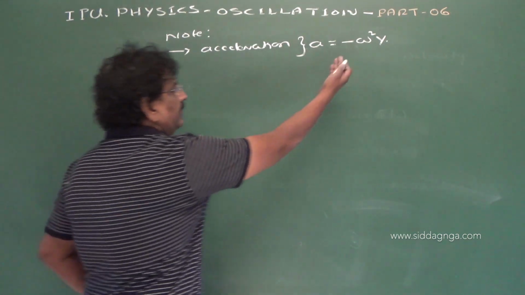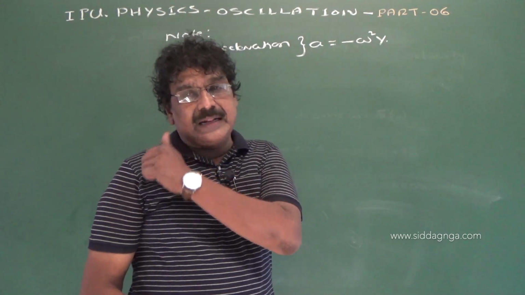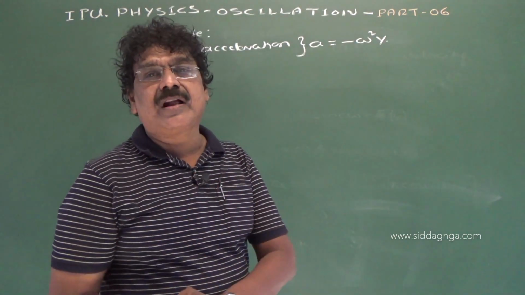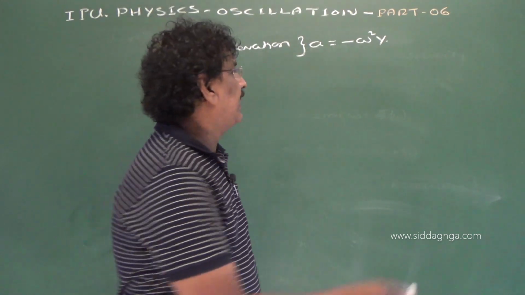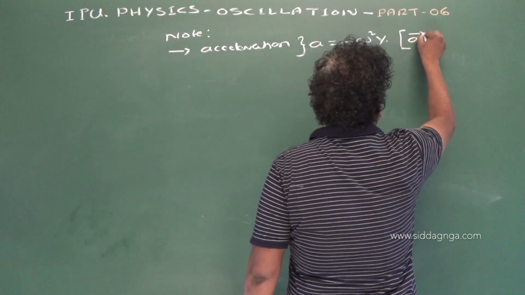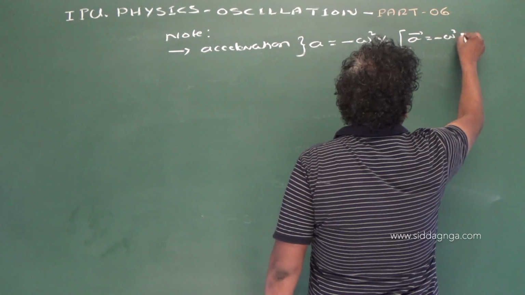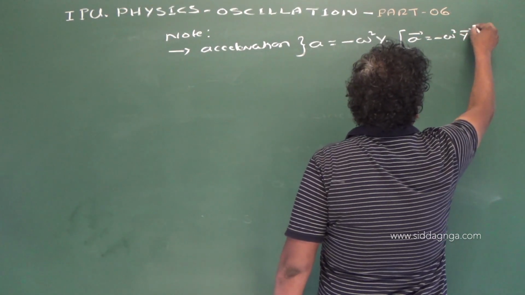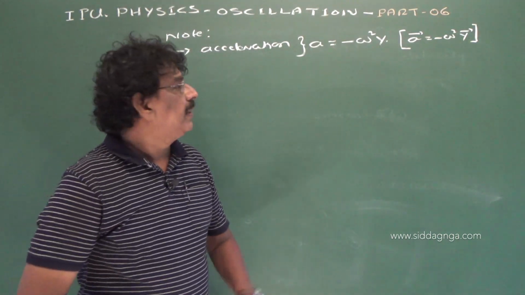But here the significance of the negative sign is only to indicate that the direction of acceleration is always towards the mean position. In other words, we can take this as vector A is equal to minus omega square into vector y in the vector form, right?